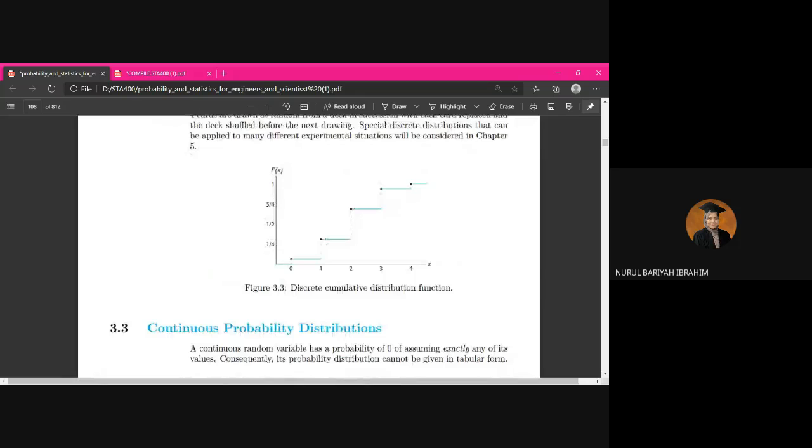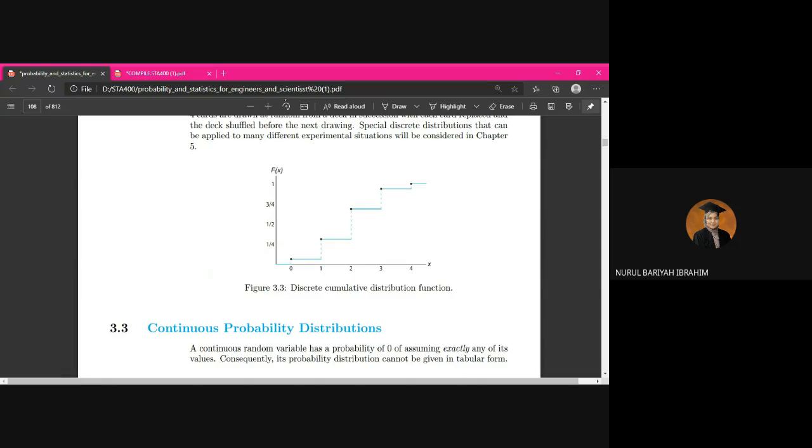Okay, and the next one, ini pula adalah discrete cumulative distribution function. So sama juga tadi, you punya y-axis adalah PDF value. Di sini you punya x-axis adalah CDF value. Okay, cumulative distribution value. X di sini adalah possible value. So means that here point dekat sini ni adalah untuk capital F0.